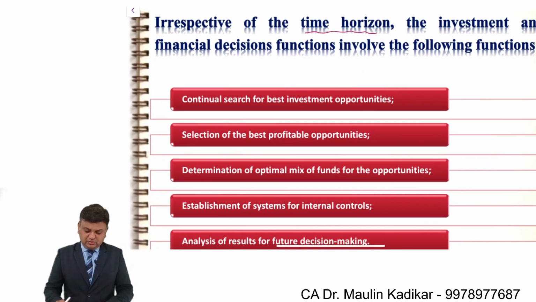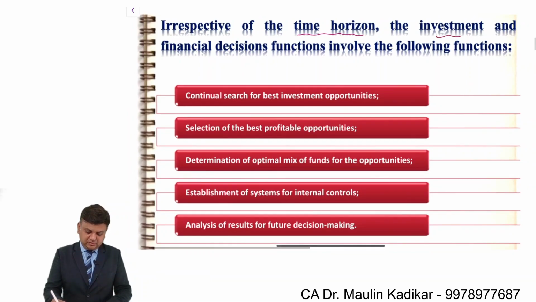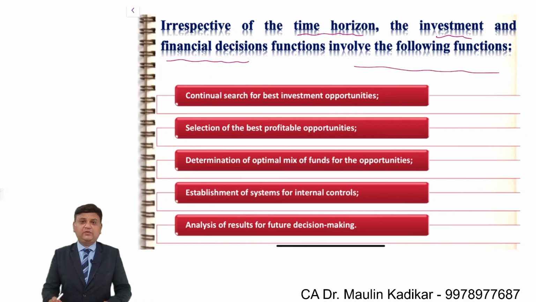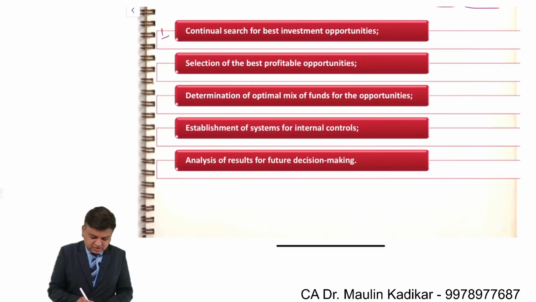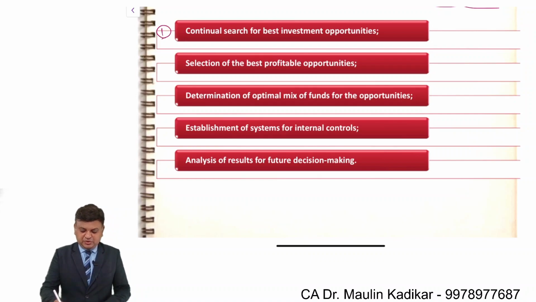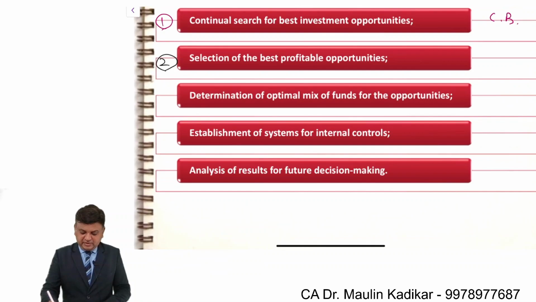Irrespective of the time horizon, the investment and financial decision functions involve the following: continuous search for the best investment opportunity. So this is our chapter on capital budgeting. Selection of the best profitable opportunities, same.